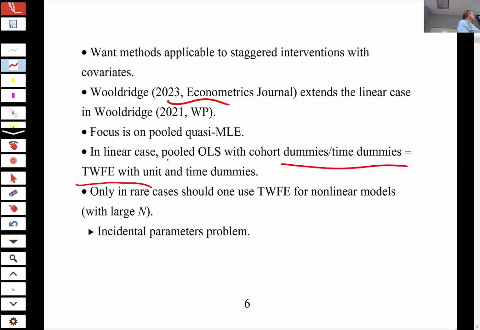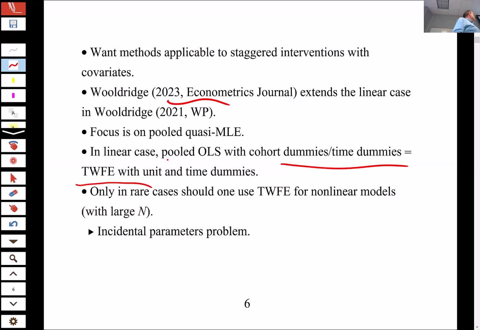So what I was able to show in the linear case is you could replace the 3,000 dummy variables with just a small number of dummy variables which indicate the treatment cohort. So in other words, you only had to control for the first period that the unit was subjected to the intervention. So if that's periods 4, 5, and 6, it's just 3 dummy variables rather than 3,000 or 10 million, depending on what your cross-section is.